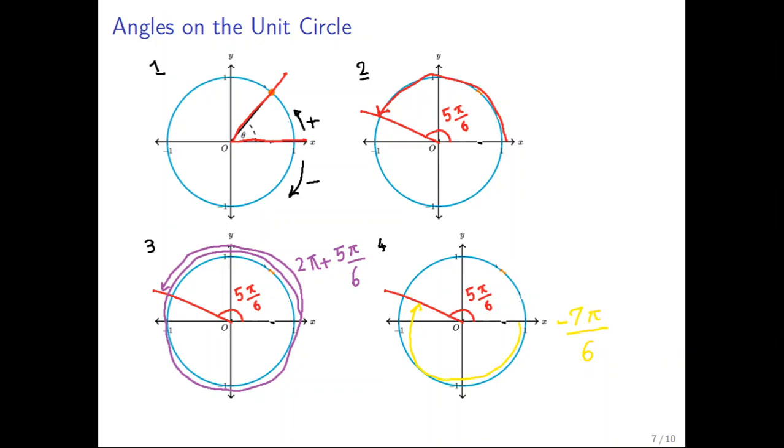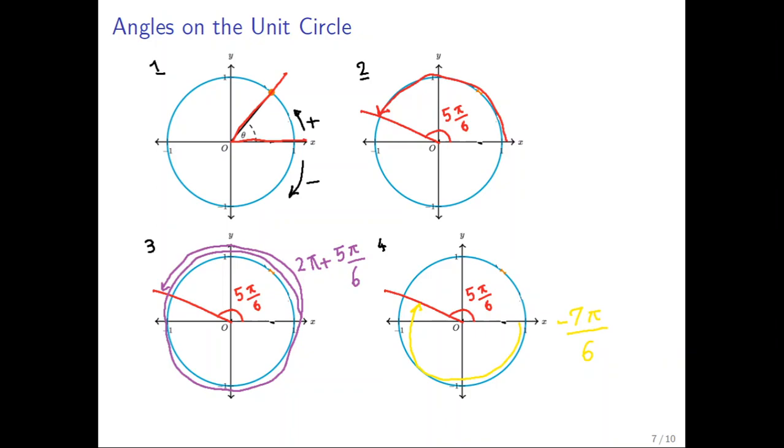So if we start from the x-axis, from points 1 and 0, and move as in figure 2 on the red line until we reach that point, which is cut by the red ray, that angle is going to be 5 pi over 6.